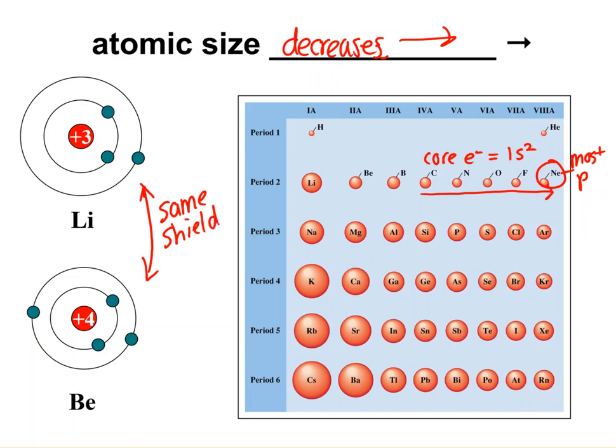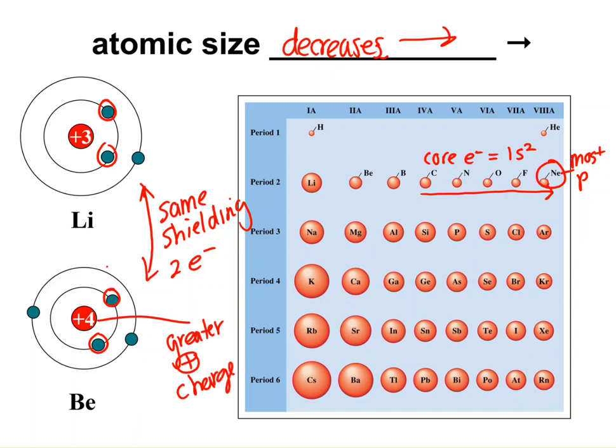And by shielding, I'm talking about shielding of nuclear charge to core electrons. But the difference is the nuclear charge. This one has more, and so it pulls the energy levels in closer. So it ends up being smaller, even though it has more particles.